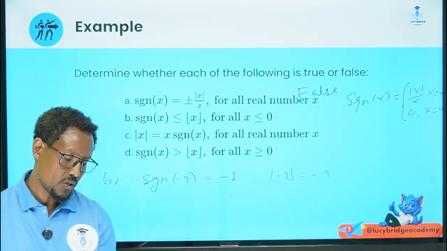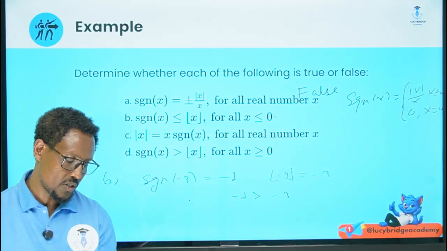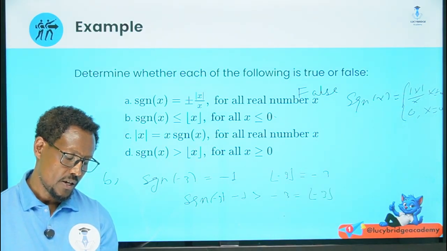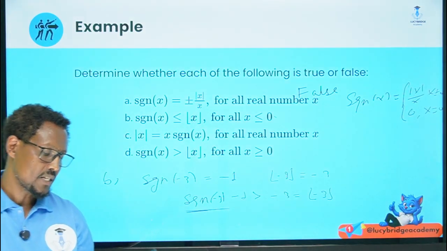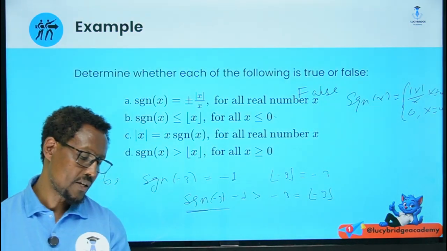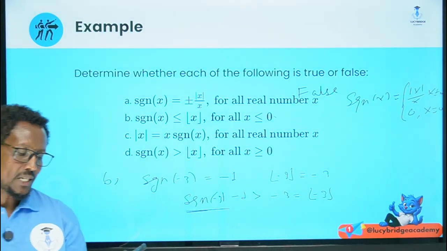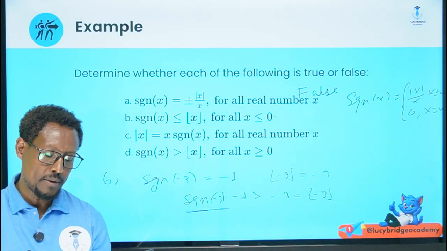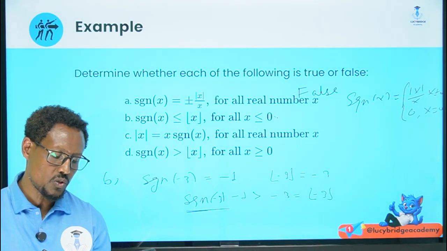So -1 is greater than -3. -1 is signum of -3, which is greater than floor of -3. So which one is bigger? Signum of -3. Therefore, when the value of x is -2, -3, -4, this will not be true. So this is not always true, which is false.